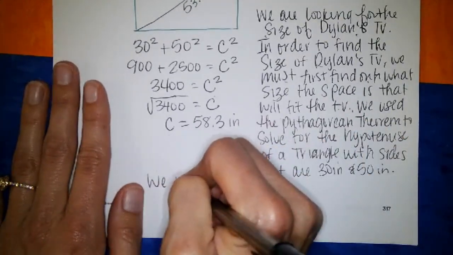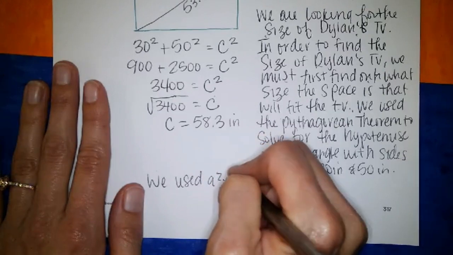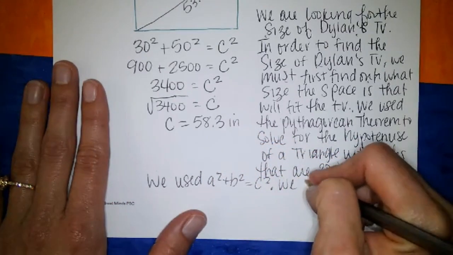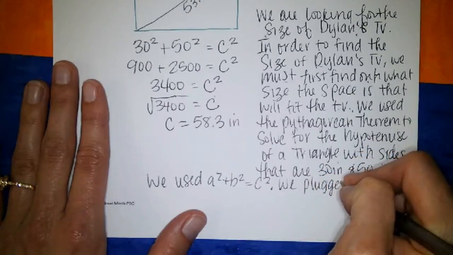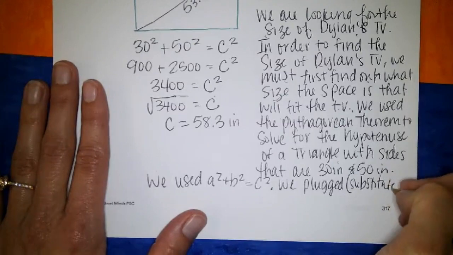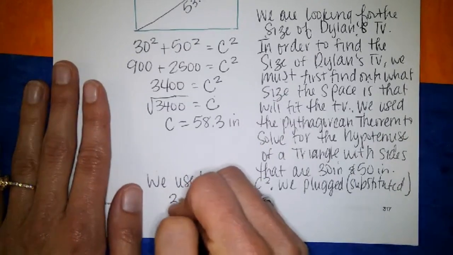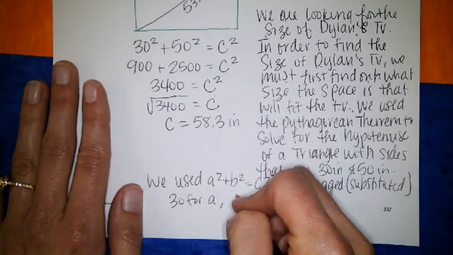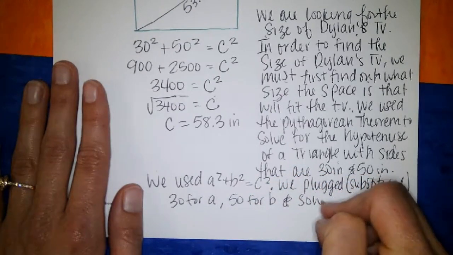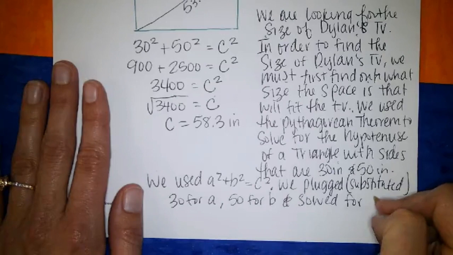We used a squared plus b squared equals c squared. We plugged in, substituted 30 for a, 50 for b, and solved for c.